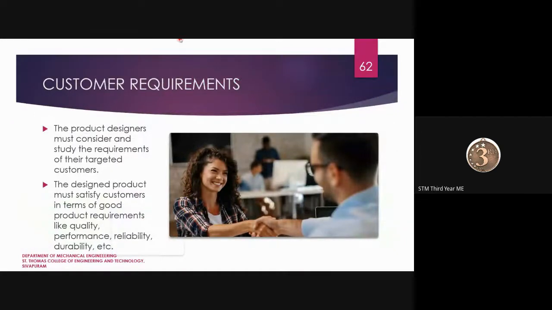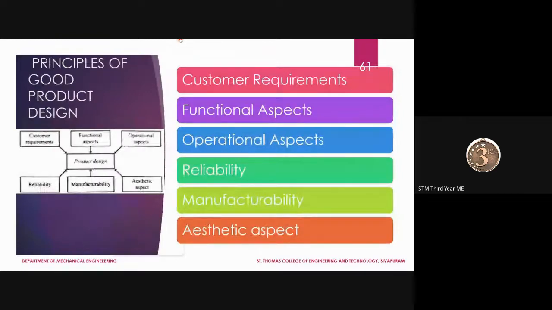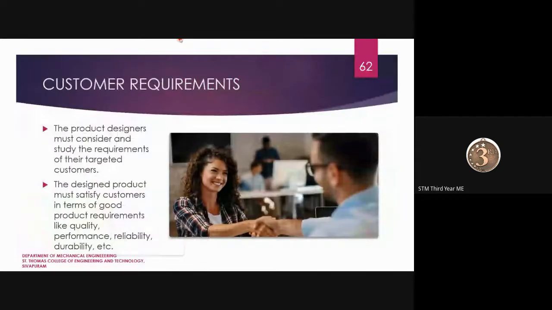So obviously we are going to study about product design, how to make a good product design. Okay, and the basis of the design that is to be implemented for such a development is nothing but customer requirements.